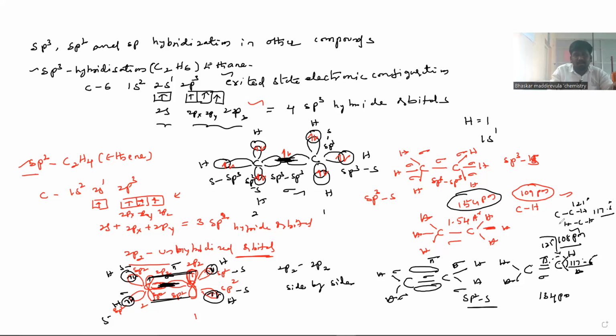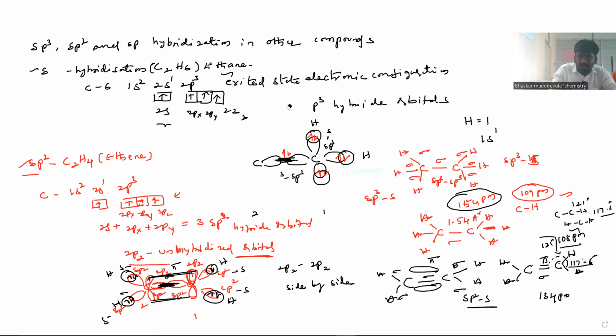Okay. So that is about sp2 hybridization in the case of the ethene molecule. Now, in the same way, let's see sp hybridization.